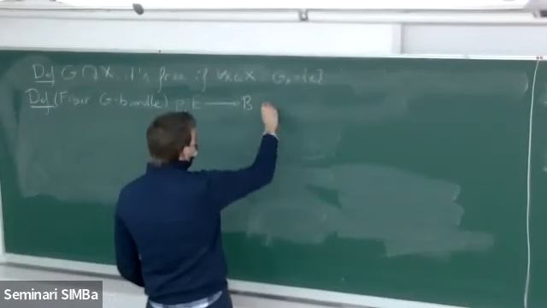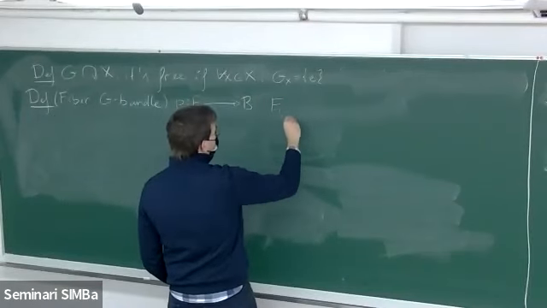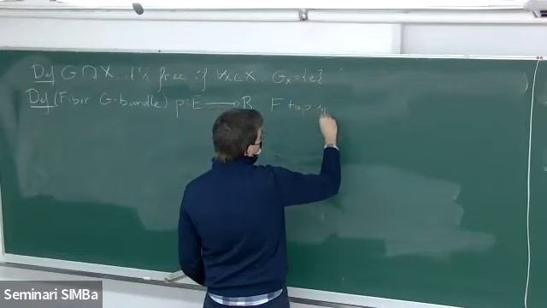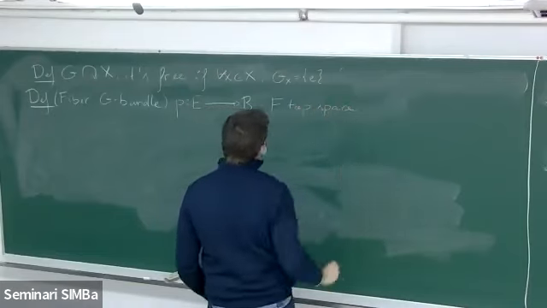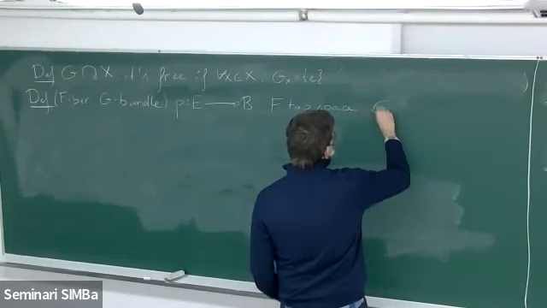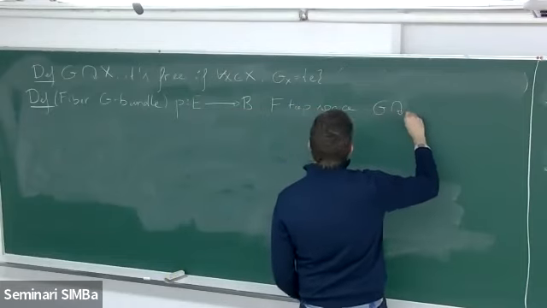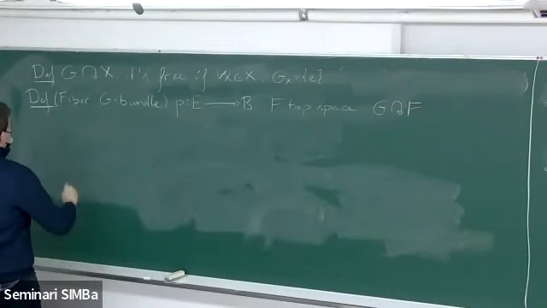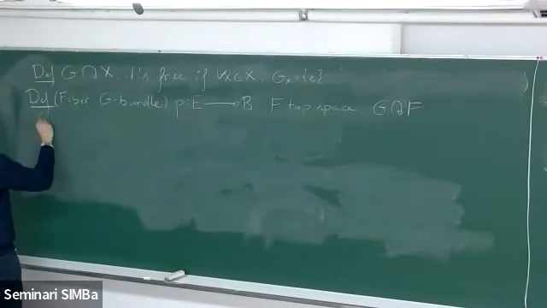So we have F, another topological space, and a group action of this G. Then we say that it's a fiber bundle.